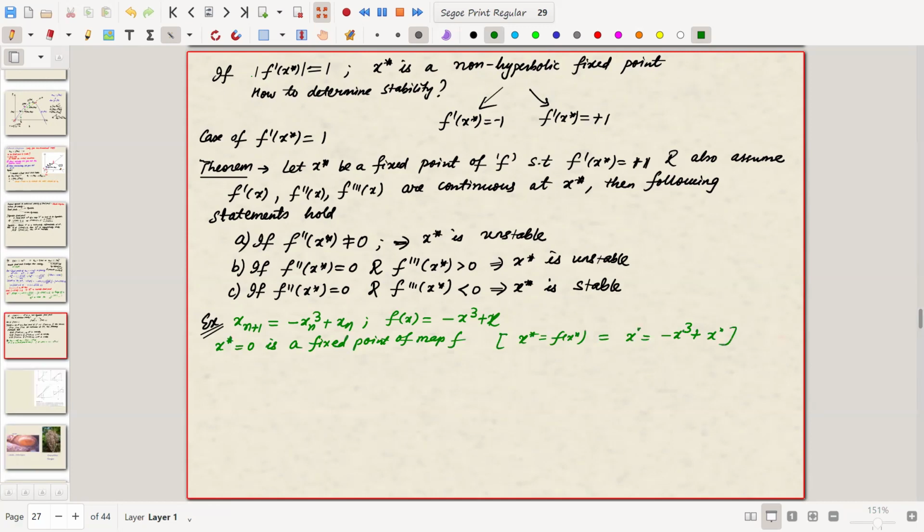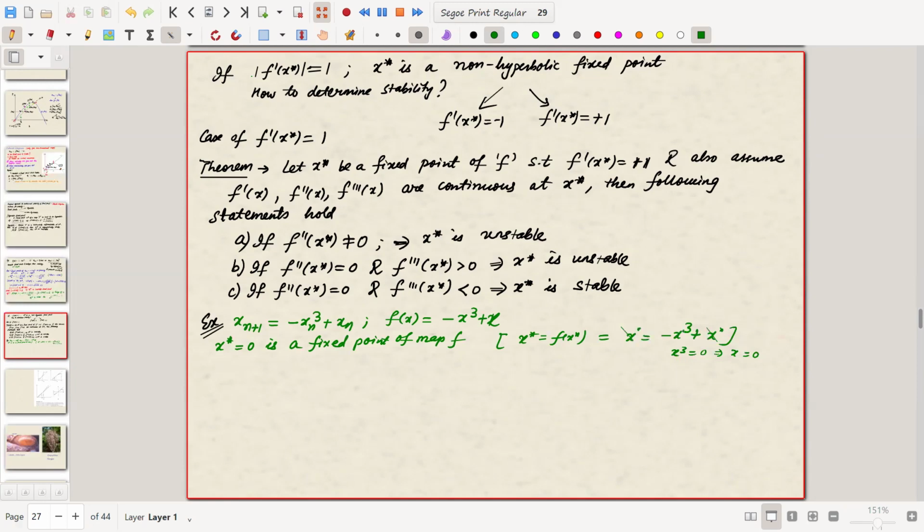What is the root of this? X will be cancelled with x. X cube equal to 0. It cancels, no? So you are left with 0, isn't it? So x cube equal to 0, meaning x equal to 0, isn't it? So x star is a fixed point of the map f.